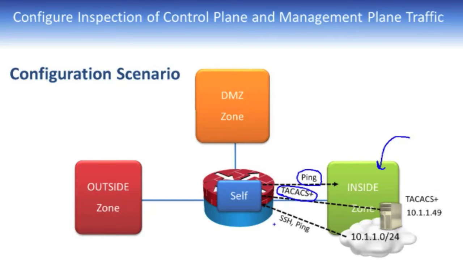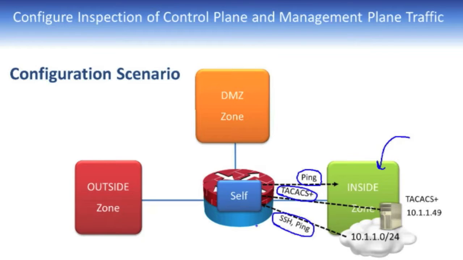And finally, we're interested in making sure the inside zone can do SSH and ping into the SelfZone. But notice we want to be restrictive with the outside zone and the DMZ zones. And again, the manipulation of the SelfZone gives us this particular capability.